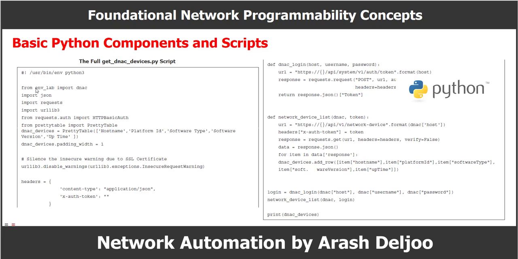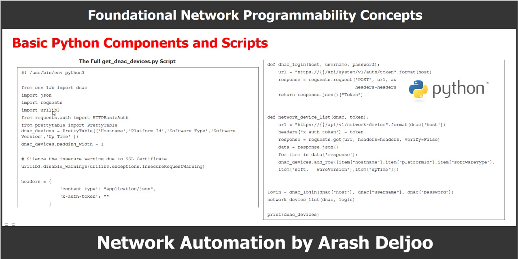After that, in the next line, from env_lab import DNAC, this calls DNAC, the dictionary from the env_lab.py script covered previously. After that, here we have import json, which imports the JSON module so Python can understand the data format that contains key value pairs. After that, here we have import requests module, which handles HTTP headers and form data.